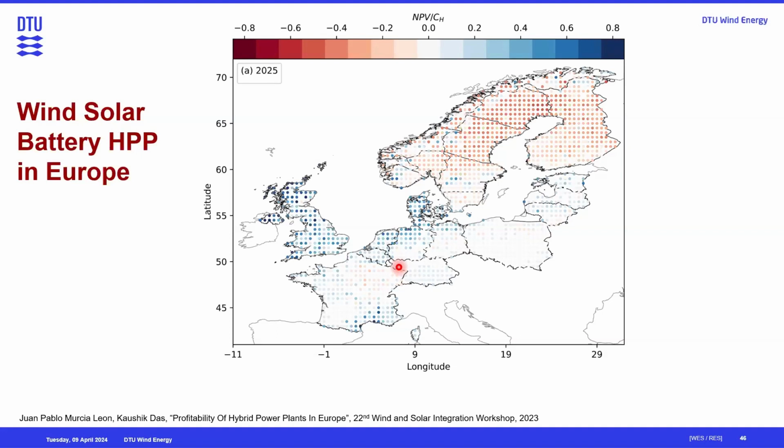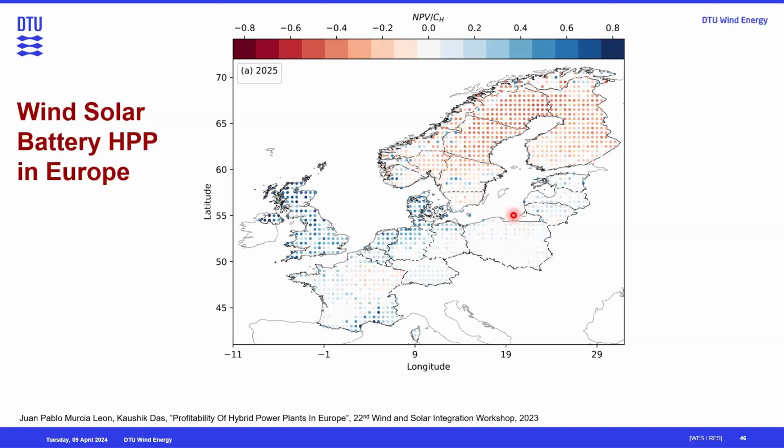We looked at the value of wind solar battery hybrid power plants in Europe. This work was done by our researcher Juan Pablo, and we have a paper. I put the citation in the slides.